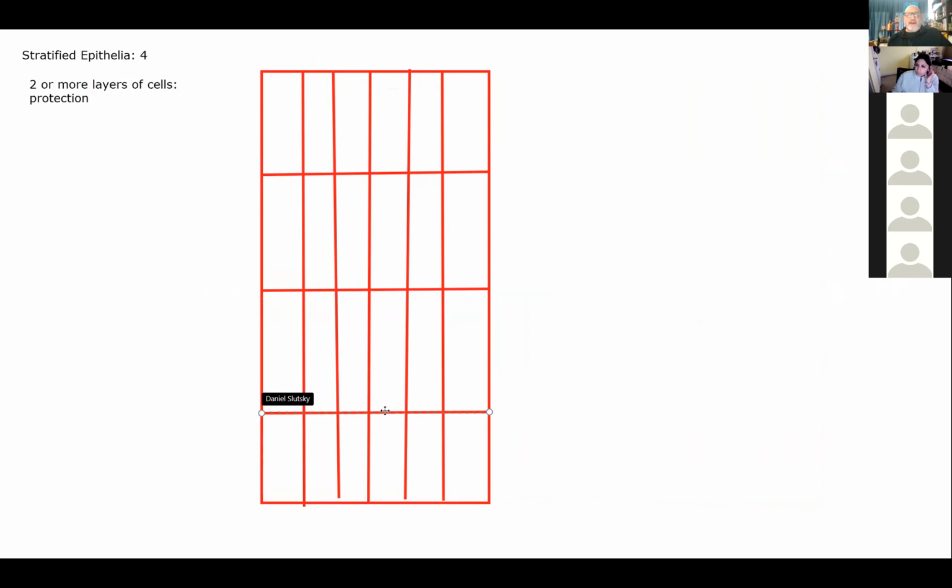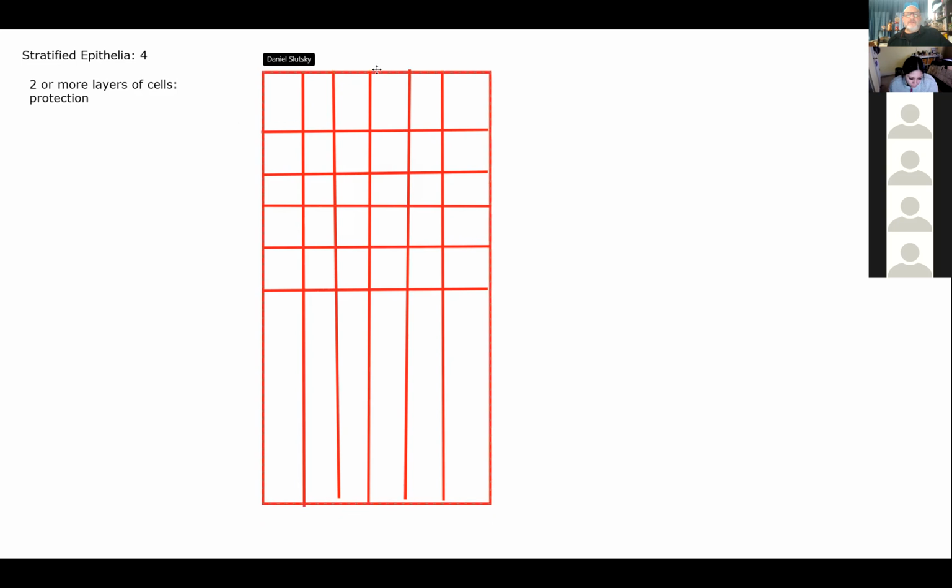But what if I have a tissue that is one layer of columnar followed by four layers of cuboidal, followed by a single layer of squamous? What type of tissue would this be? Is this the number 7 combo platter?